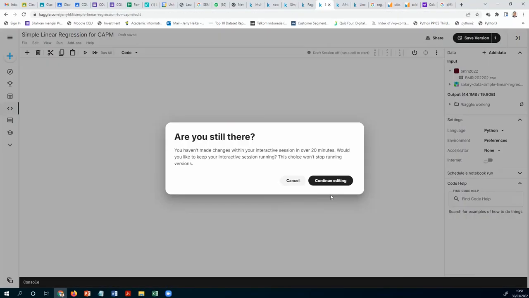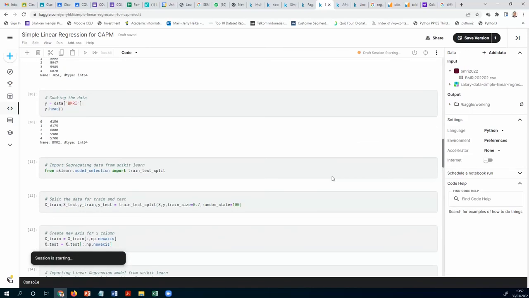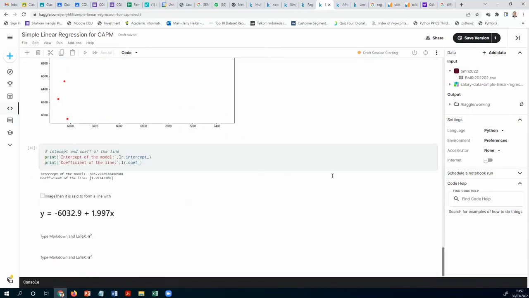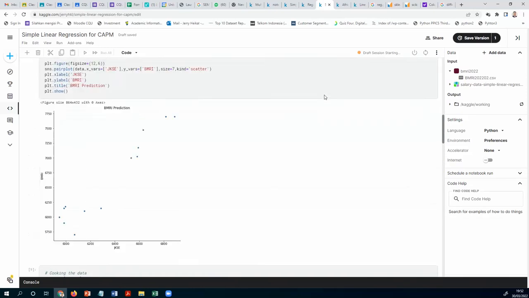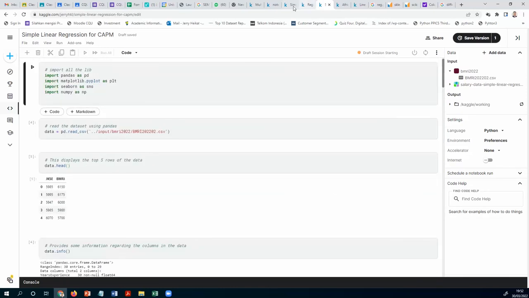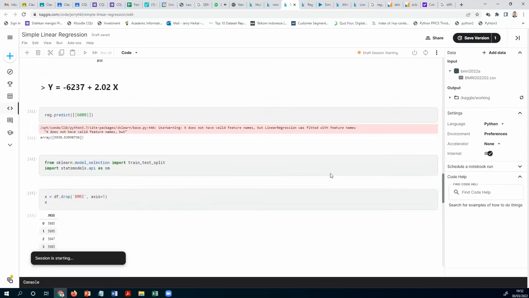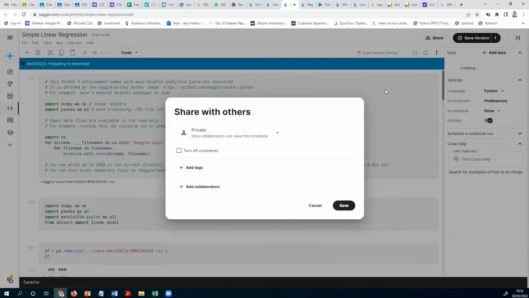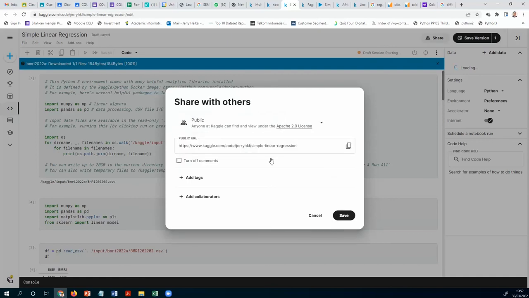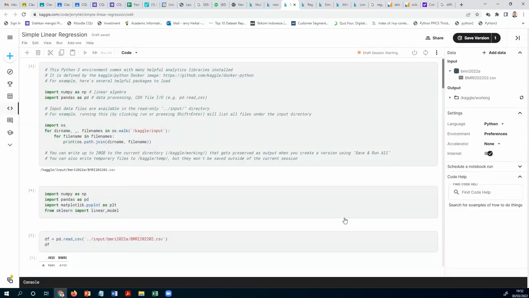Simple linear regression. So I share it to you, share with the public. Save. Okay.